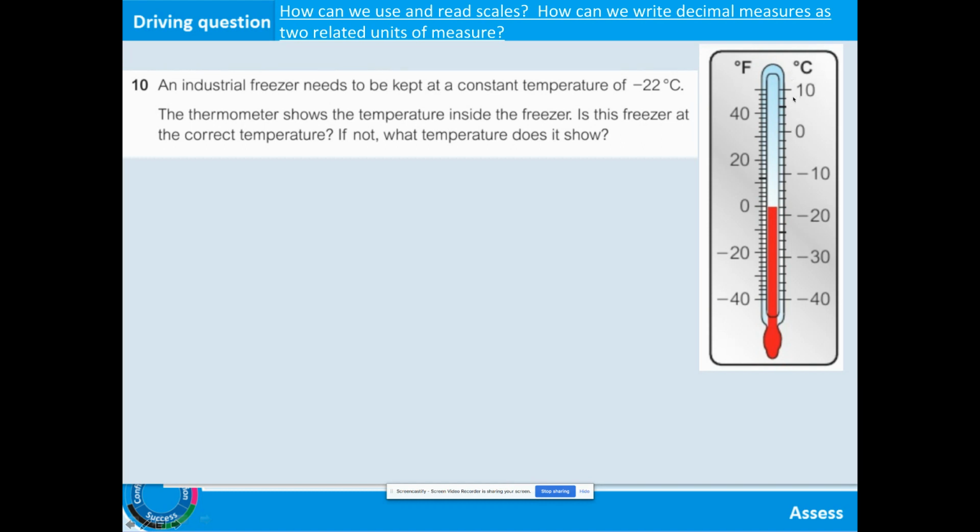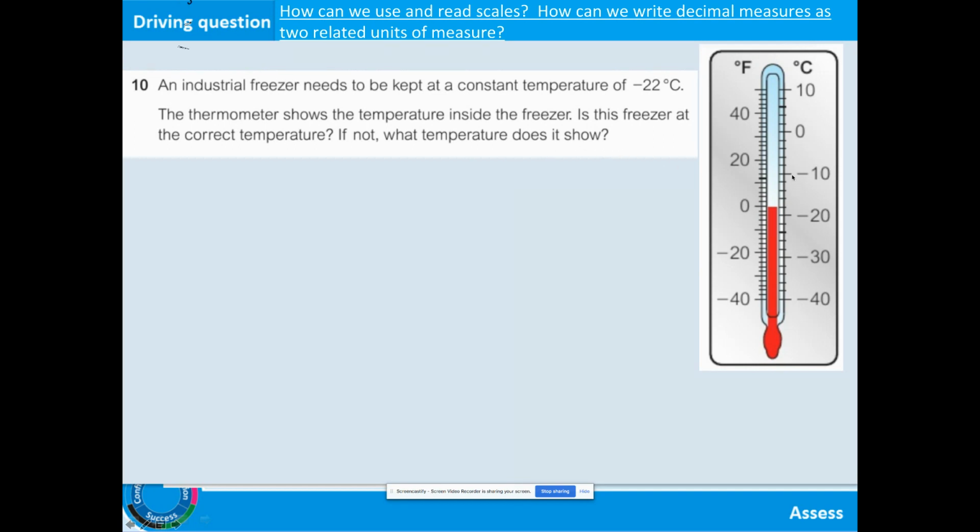So here's 10 degrees. We're coming down to 0, minus 10, minus 20, minus 22 would be down here. So we're not cold enough. So the first part of our answer has got to be no, it's not at the right temperature. If not, what temperature does this thermometer show?